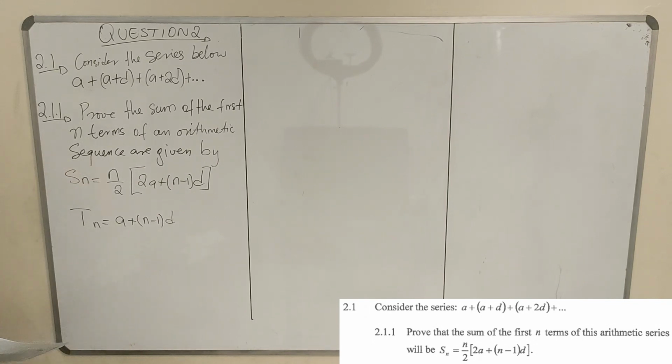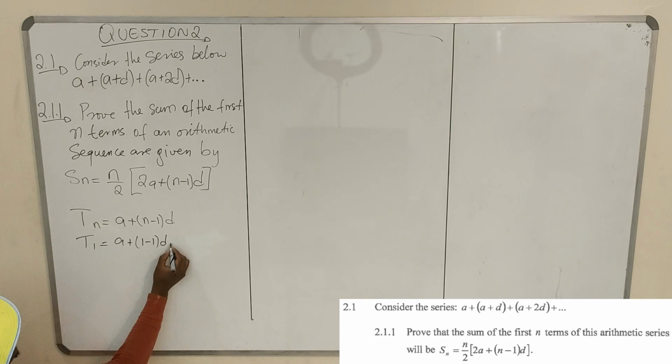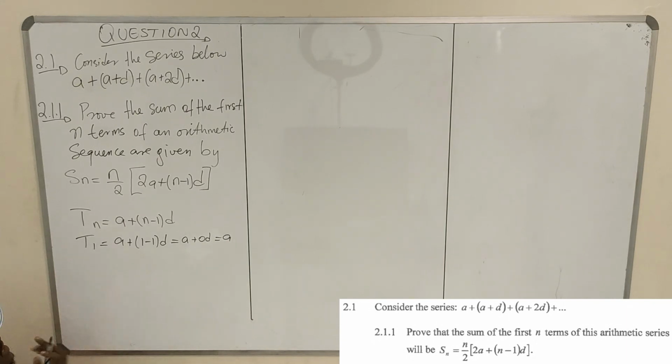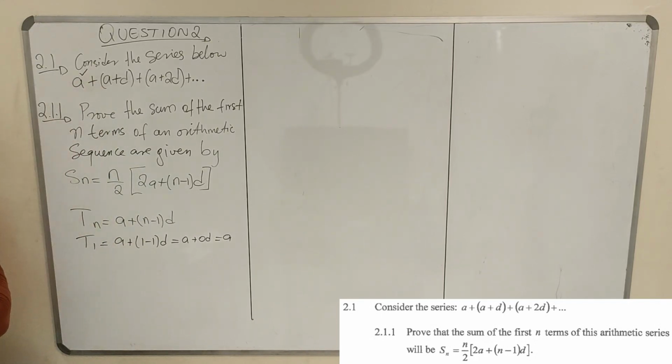Now, let's say we want term number 1. T1 is equal to A plus (1 minus 1) times D. This is A plus 0D, which is A, because 0D is 0. So your first term is A.